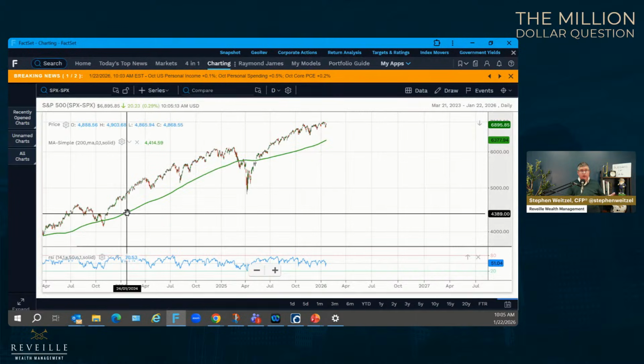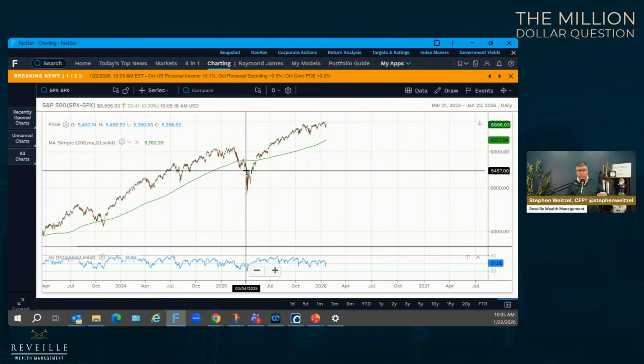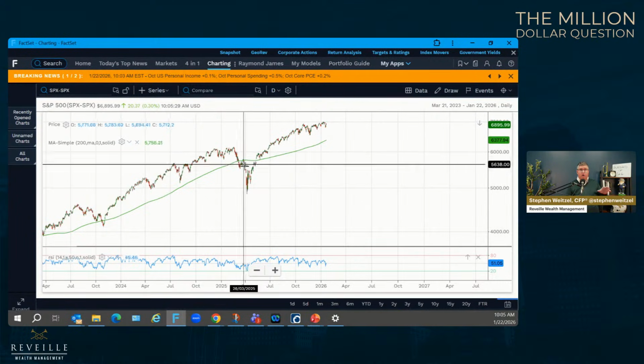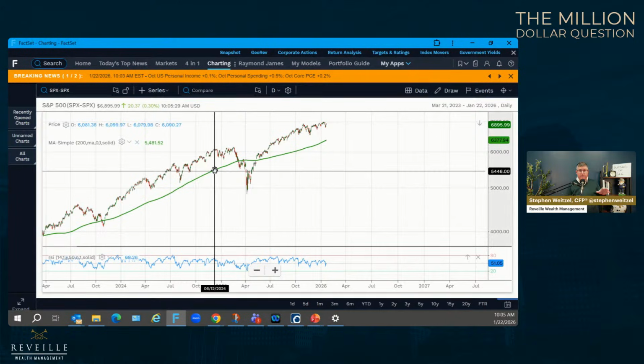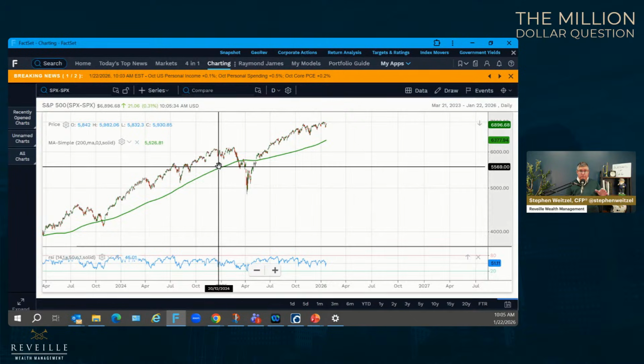You're very rarely, if ever, going to see a period of time where the S&P 500 is below its 200-day moving average and be in an uptrend, right? That doesn't make sense. If prices are below trends, they are typically falling. If prices are above these trends, they're likely moving higher. Okay.